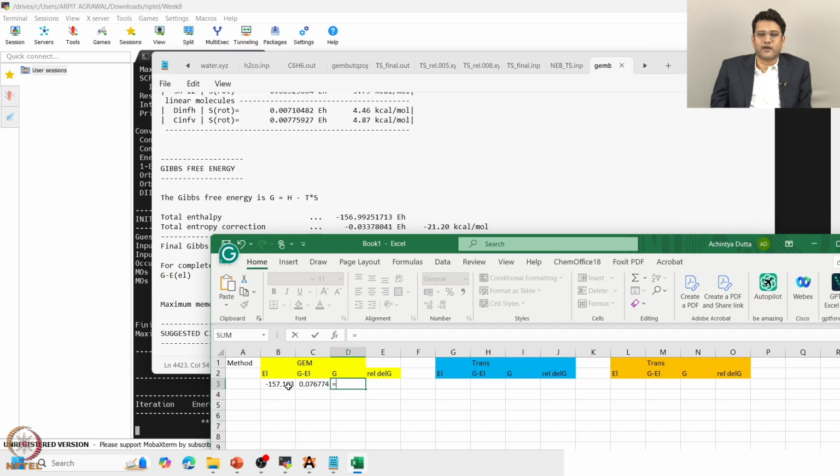So the total free energy is this plus this, and of course we are talking about this isomer. So this will be, anyway it will be 0, so it does not matter.